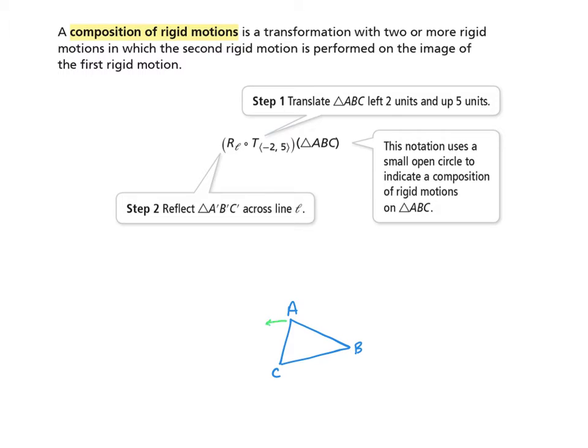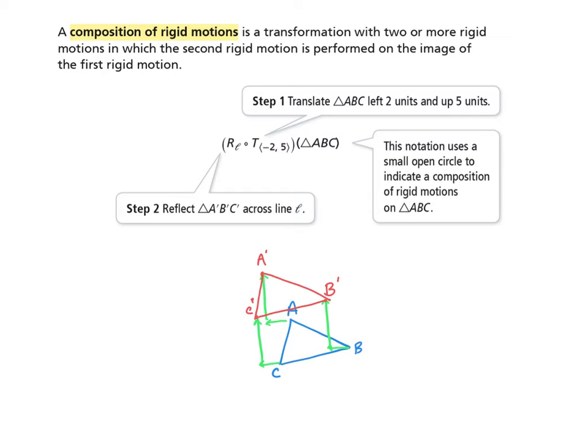So maybe that means we go over by about that much and then up by about that much for all of these 3 vertices. I was trying to talk and draw at the same time. So now we would have A prime here, C prime there, and B prime there. So our new triangle would look like this after being translated.